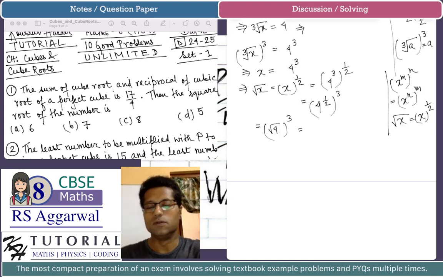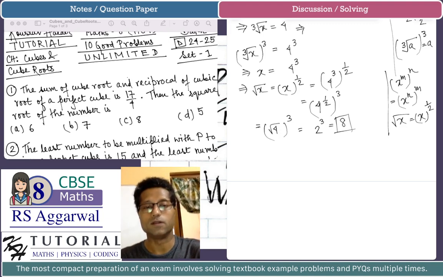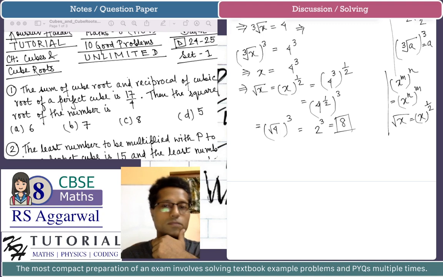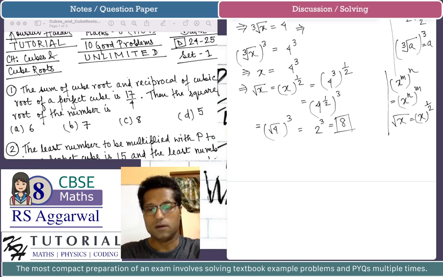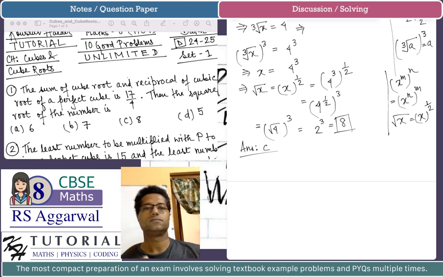The square root of 4 is 2, so this is equal to 2 cube, which is equal to 8. So 8 is the value of the square root of the given number. So the correct choice is C.